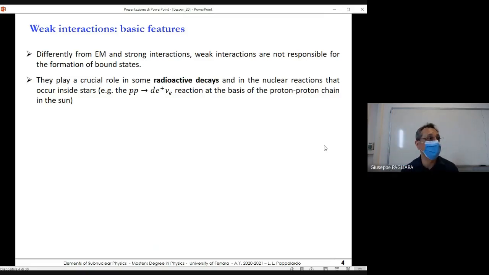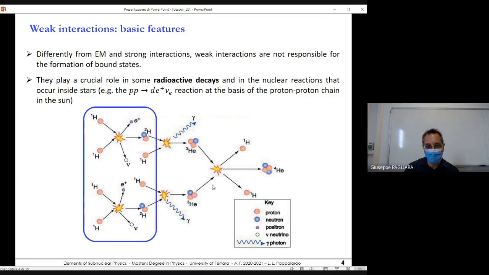Nevertheless, they play a crucial role in some radiative decays, as we studied yesterday, and also in reactions that occur in the core of stars, for instance, in the sun. I think I showed this already at the very beginning. This is the proton-proton chain, the most efficient net of nuclear reactions that occur in the core of the sun, where essentially 4 protons result in a helium nucleus with emission of electrons, photons, neutrinos and additional protons.